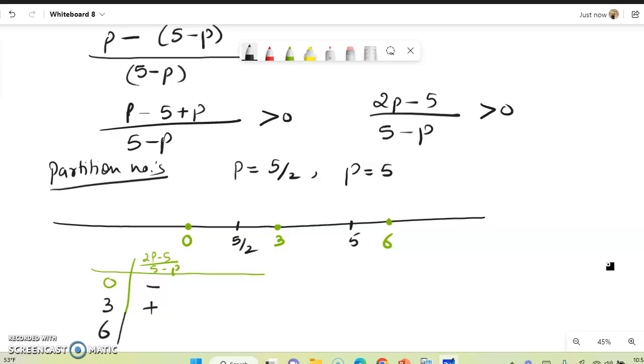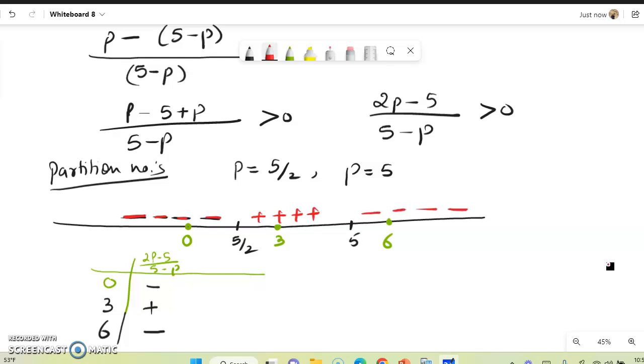And the last one, 6. 2 times 6 is 12 minus 5 positive, but 5 minus 6 is negative, so that is negative. So the function is negative in the first region, positive in the middle region, and negative in the last region, right?